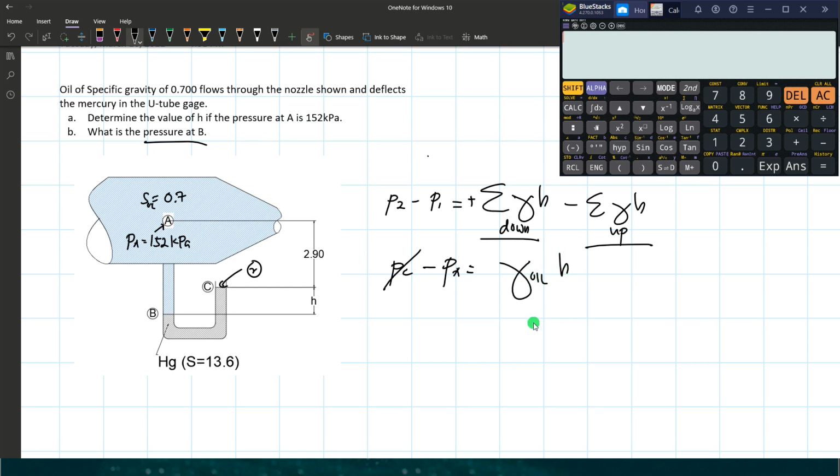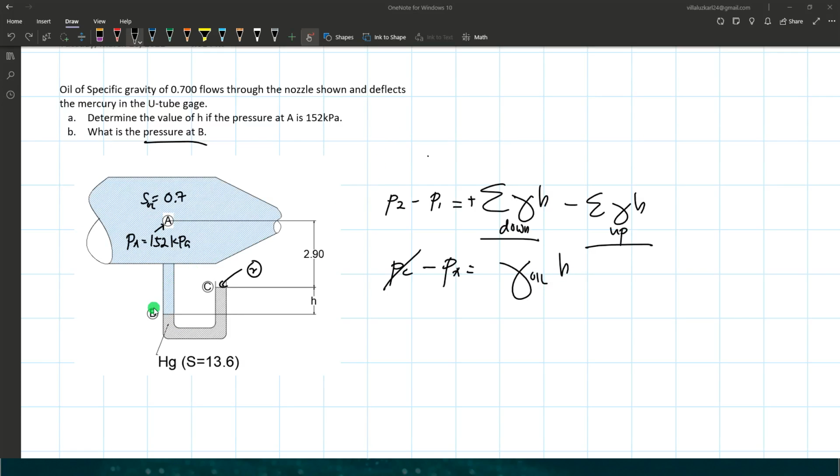The corresponding height is the vertical distance from the starting point of the fluid to the end point of that fluid. The end point is point B. So we have a vertical distance from point A to point B for the oil. Our total height from point A to point B is 2.9 plus H.